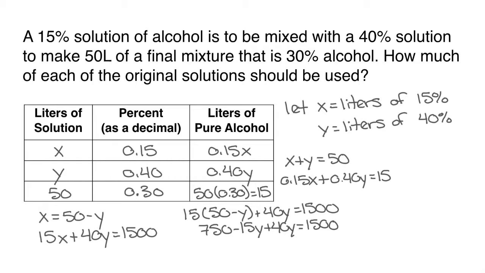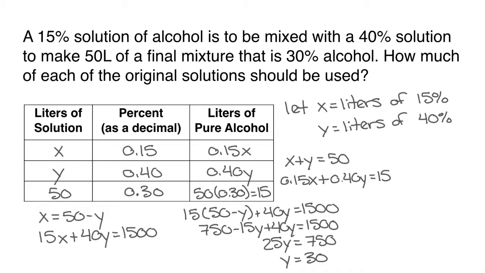Combining like terms and subtracting 750 from both sides of the equation, we have 25Y is equal to 750. And dividing both sides of the equation by 25, we get Y equals 30.